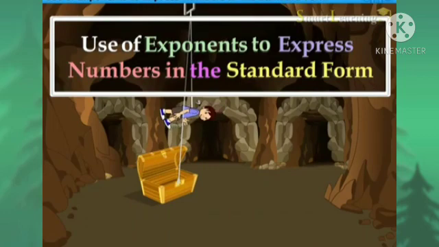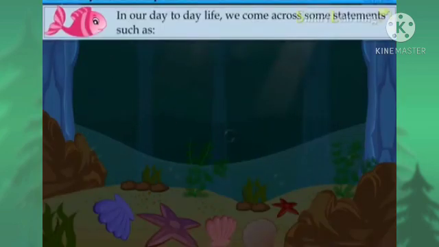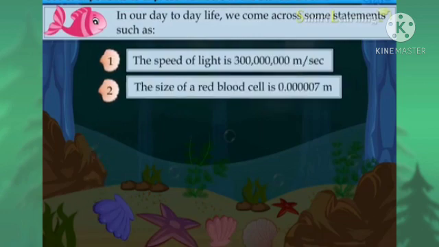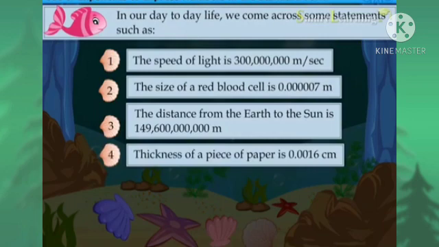Use of exponents to express numbers in the standard form. In our day-to-day life, we come across some statements, such as: the speed of light is this. The size of a red blood cell is this. The distance from the Earth to the Sun is this. The thickness of a piece of paper is this.